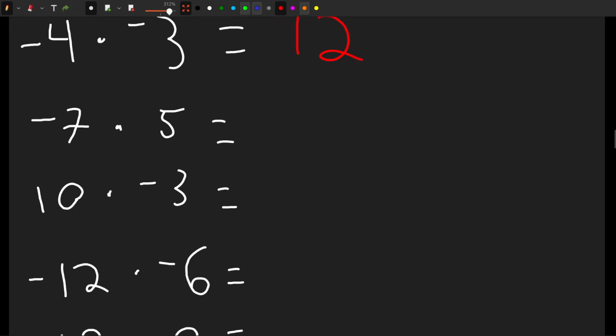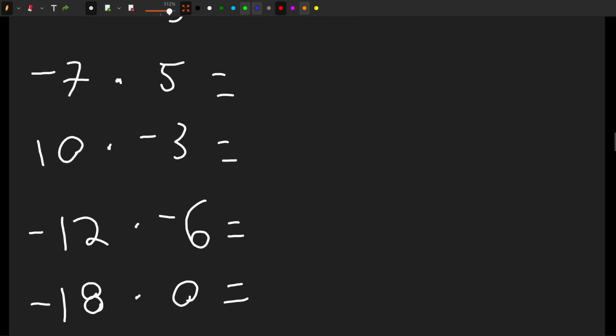Negative 7 times 5. So again, 7 times 5, what's that? That is 35. And then a negative times a positive is a negative, so this is a negative 35. 10 times negative 3. Okay, so 10 times 3 is 30.